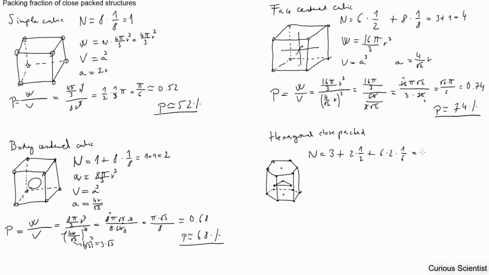So what we have here is 3 plus 1 plus 12/6 plus 2. So in total we have 6 atoms.